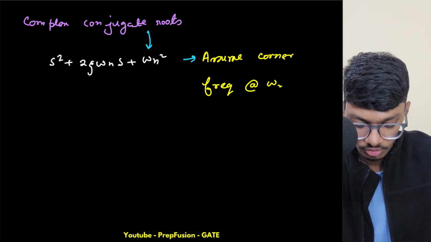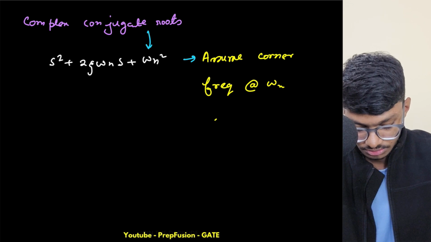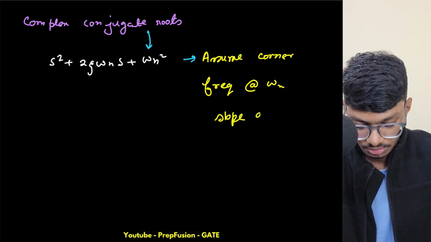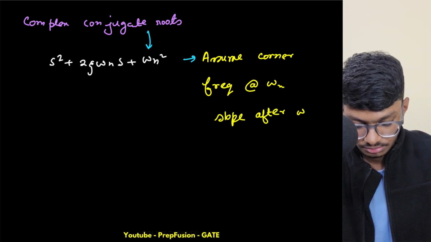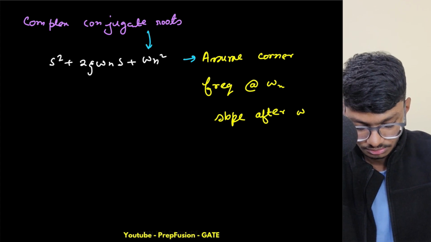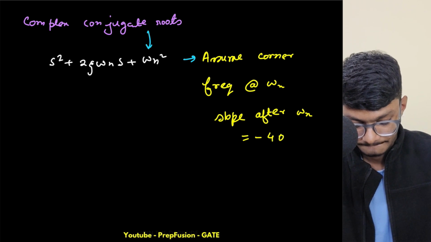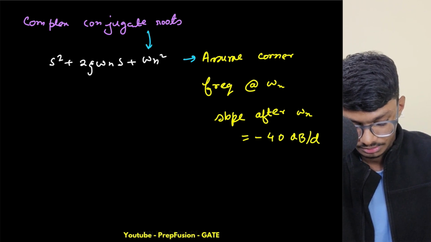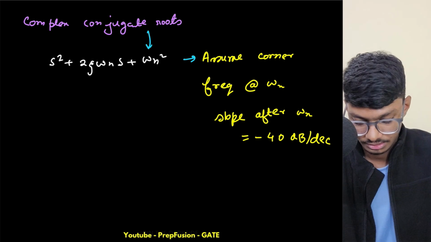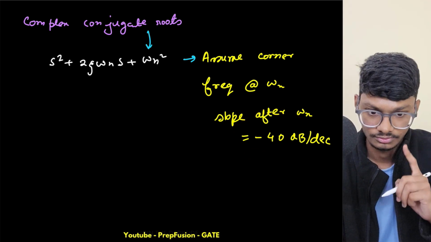So here I'm assuming the corner frequency at omega n, and the slope after omega n equals minus 40 dB per decade. So the slope after omega n is equal to minus 40 dB per decade.